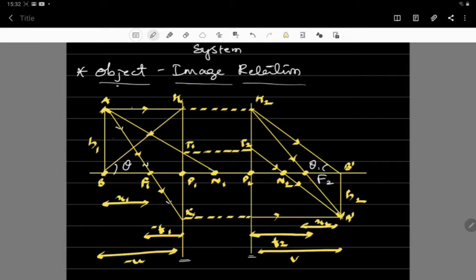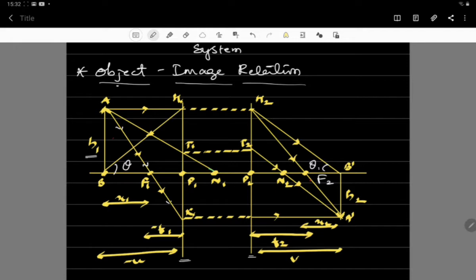Let us consider this is the object. The height of the object is h1 and the height of the image is h2. From the top of the object, the first ray, parallel to the axis, is incident on H1 and emerges from H2.